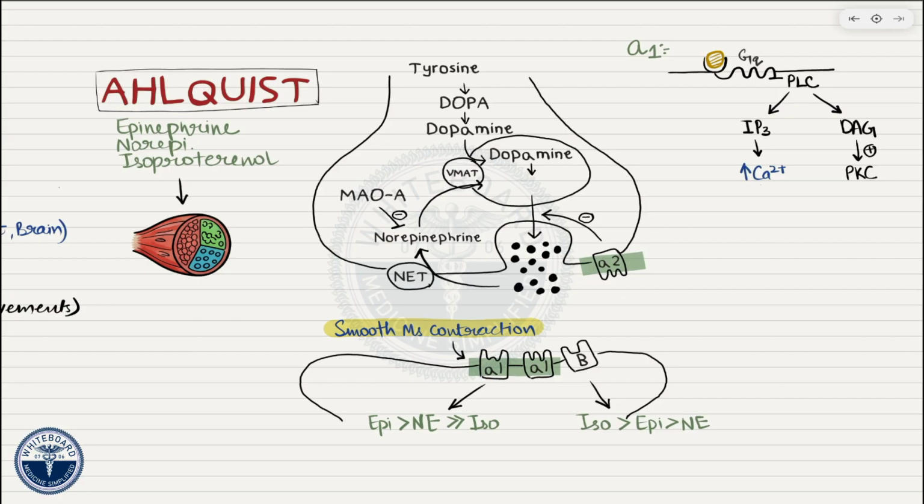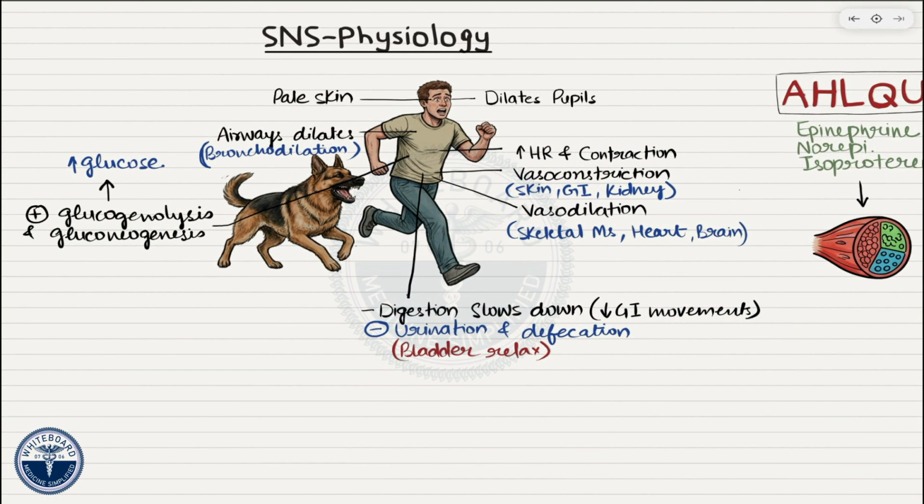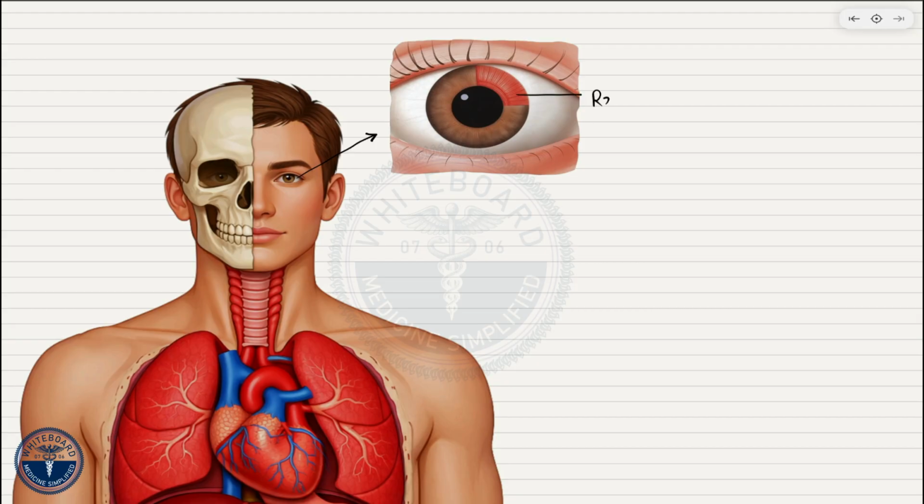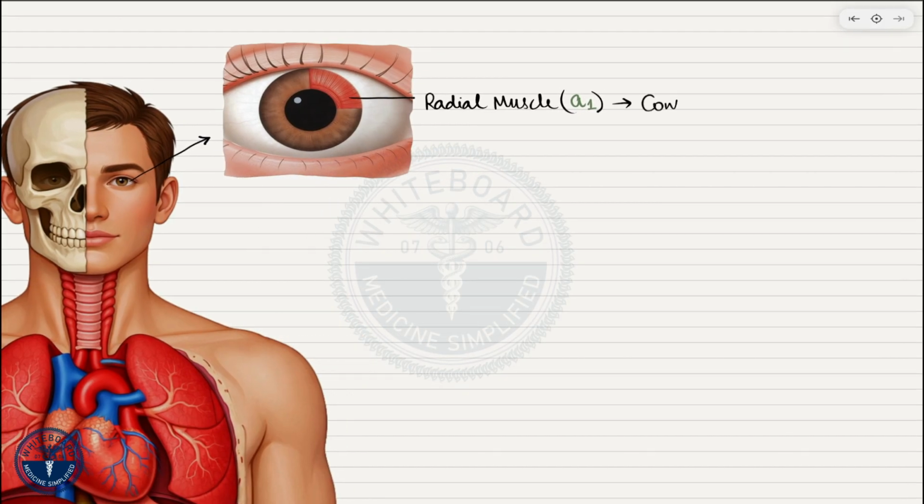Now, whenever we say that alpha 1 receptor activation causes smooth muscle contraction, the next question is, which smooth muscles are we talking about? One important example is the radial muscle of the iris. When alpha 1 receptors stimulate this muscle, it contracts and pulls the pupil outward, leading to pupil dilation.